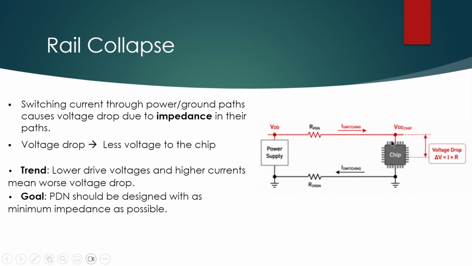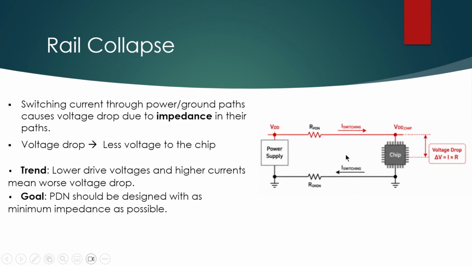If the chip has higher drive voltages like 5 volts or 3.3 volts, then the noise the chip can tolerate will be high. But in recent days, for high performance processors, the trend is that they are using some 0.8 volts or 0.7 volts of drive voltages, and because of this, the noise margins the chip can handle are also decreasing.